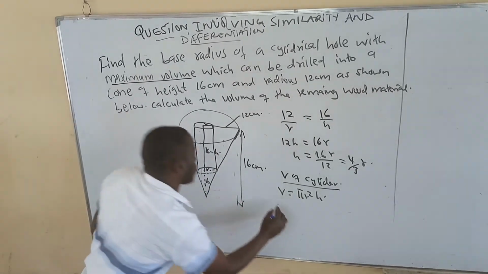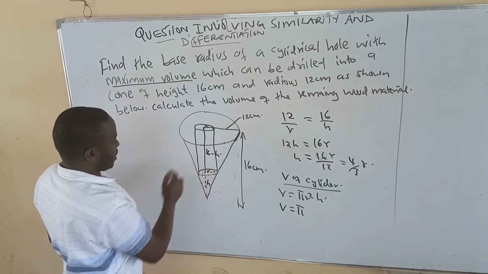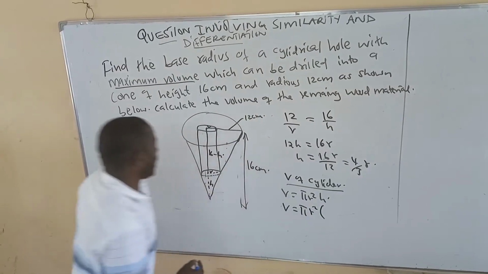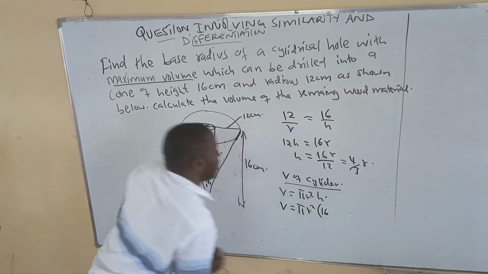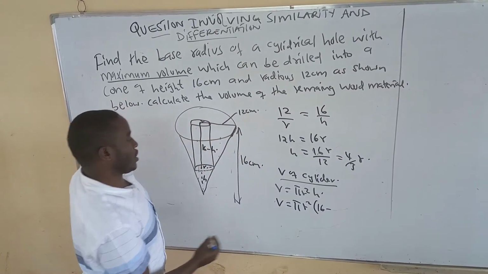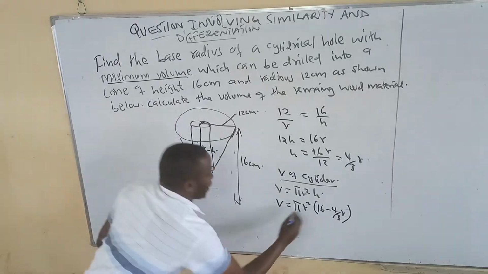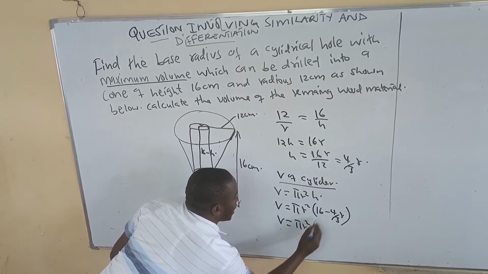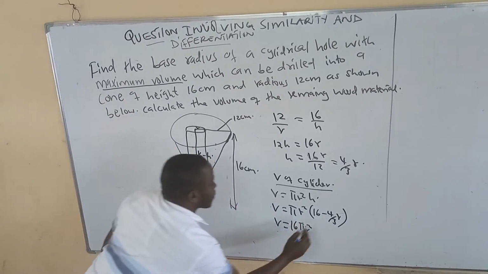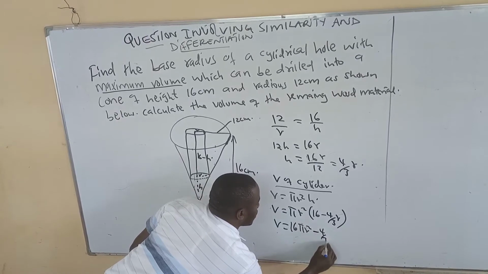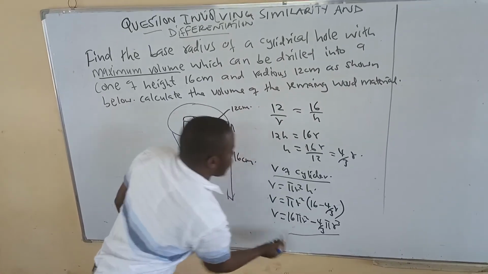So V equals pi r squared times the height, which is 16 minus h, and h is 4r over 3. If we open the bracket, V equals 16 pi r squared minus 4 over 3 pi r cubed, because r squared times r is r cubed. So that is the volume of the cylinder.